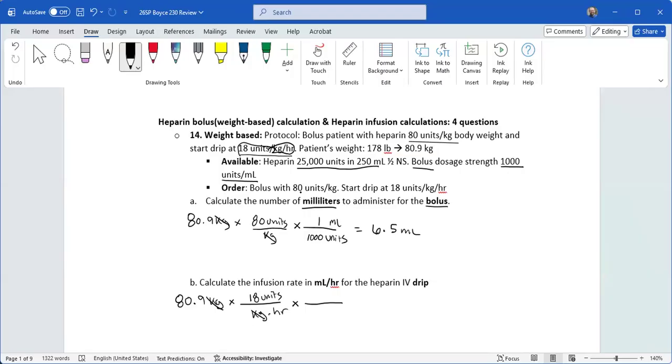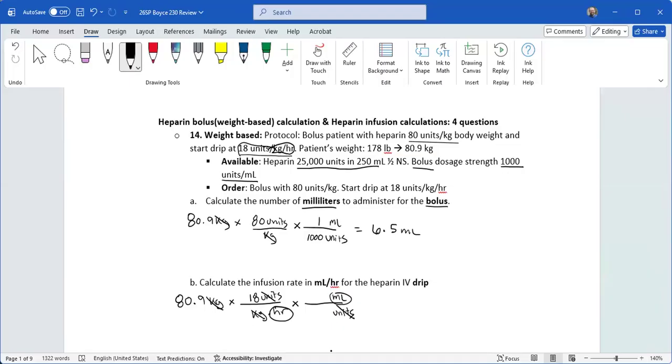All right. So I need a way to convert units to milliliters again. If I set everything up right, I'll be in milliliters per hour, which is what I'm looking for. But what I need to know is which milliliter per unit relationship, or available, do I use? Do I use the bolus or do I use the IV? If we're calculating the infusion rate, this is what they're connected to.